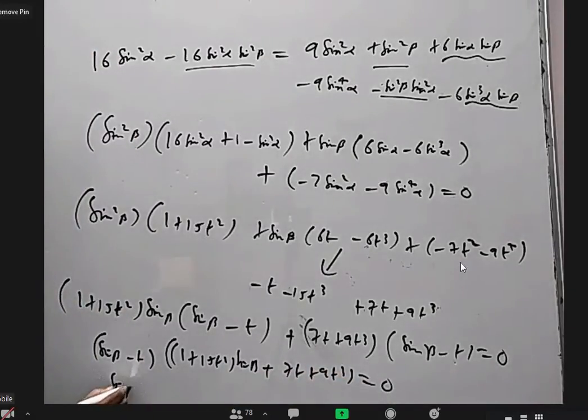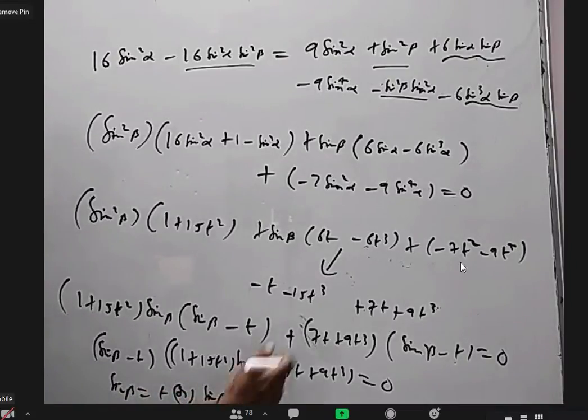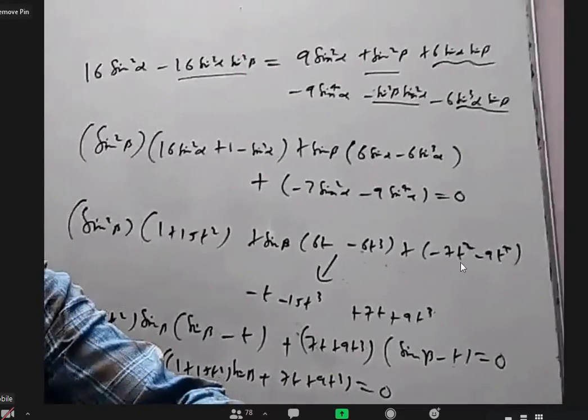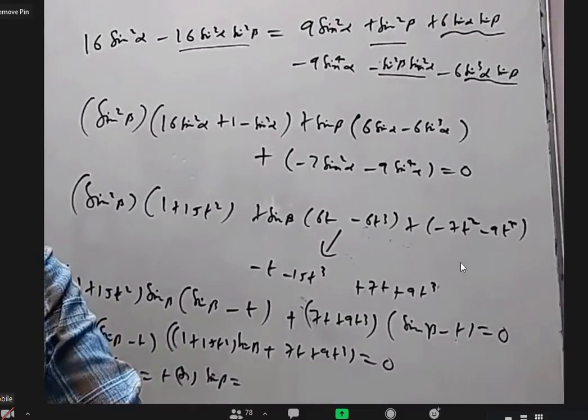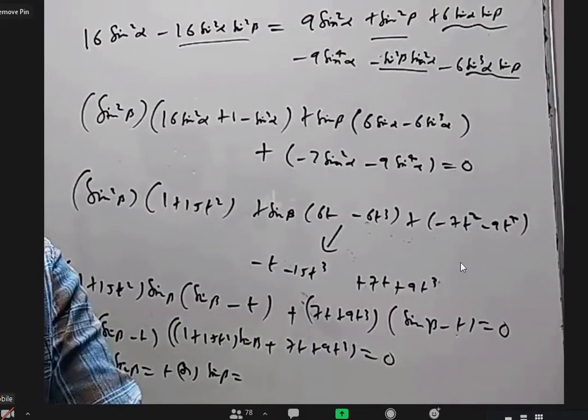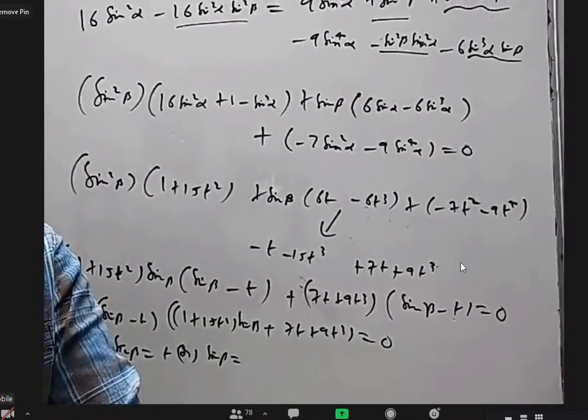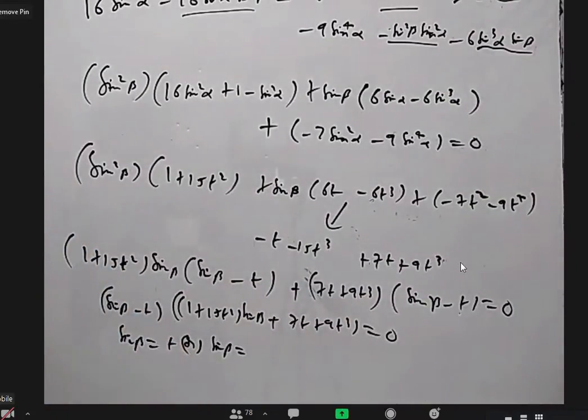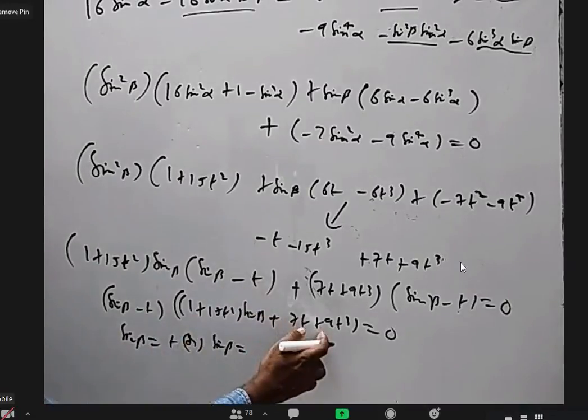So I am getting sine beta equal to t, one option. Another option is sine beta equal to, say, send this one to the other side. Okay. Sine beta equal to t, one option. Another option is this by this.